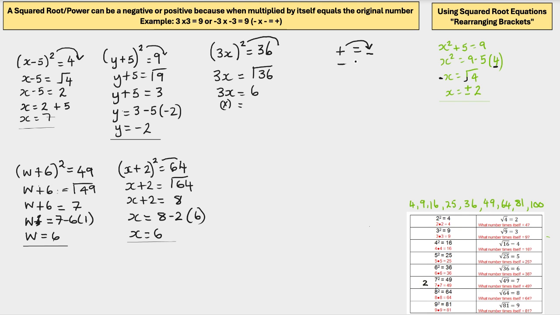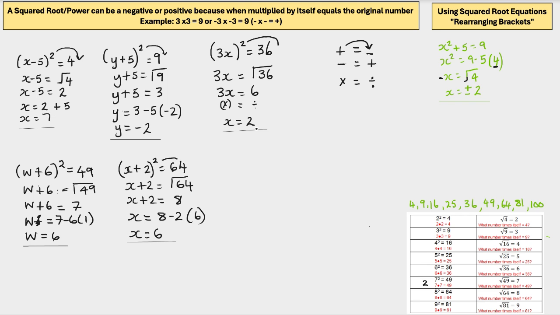If it's a negative this side, it turns into a plus. Now when you've got multiplication this side, it turns into a divide. How about that? Because this number is stuck to the x, we're going to divide by 3. 6 divided by 3 goes twice. There's your answer.